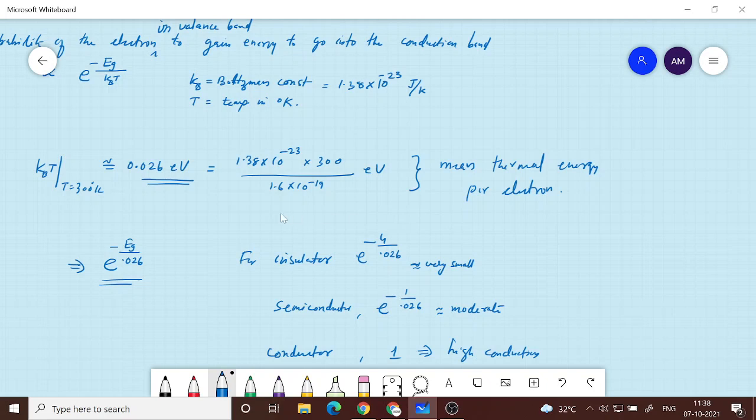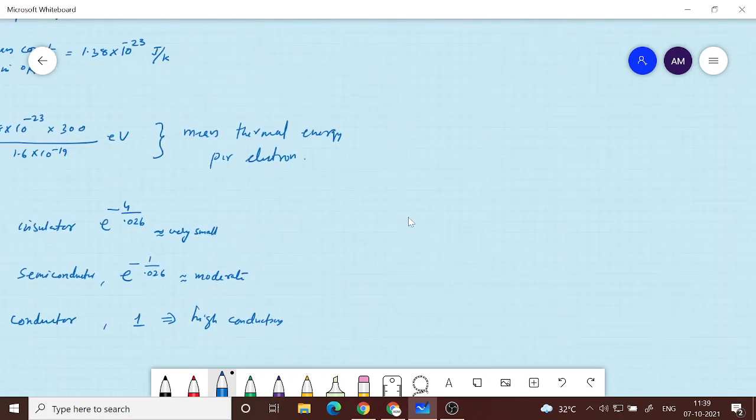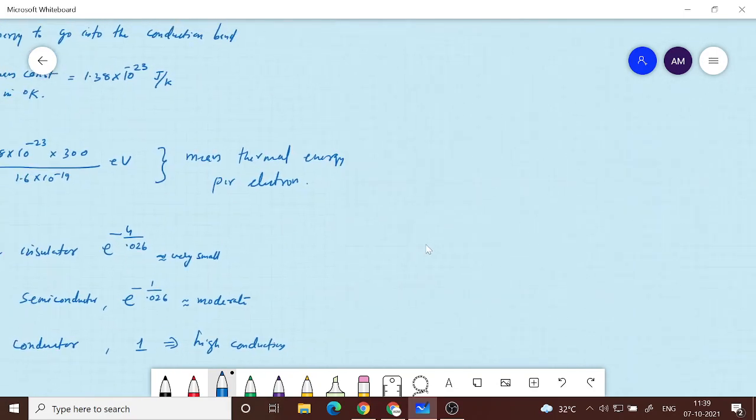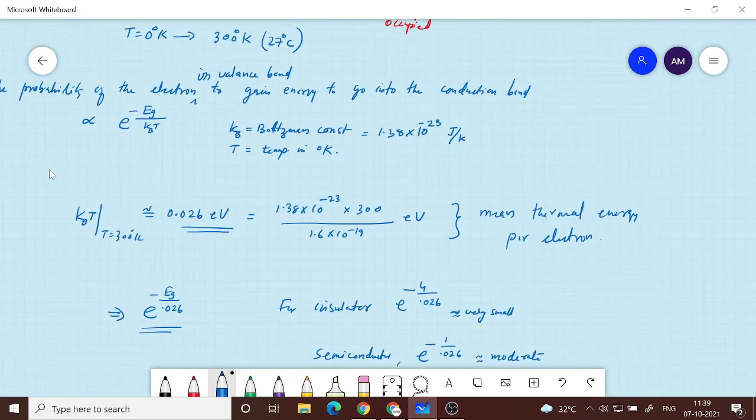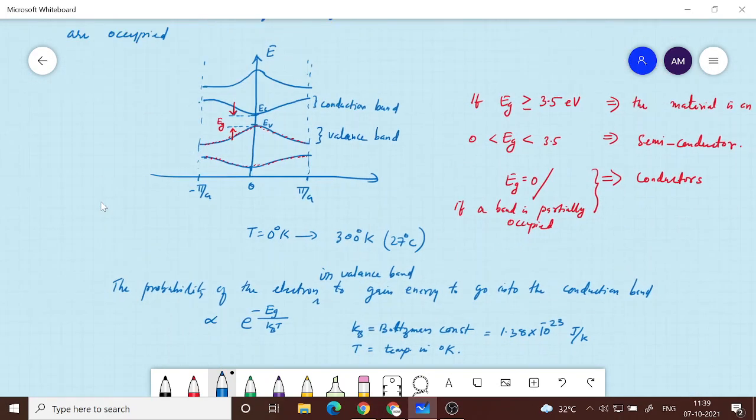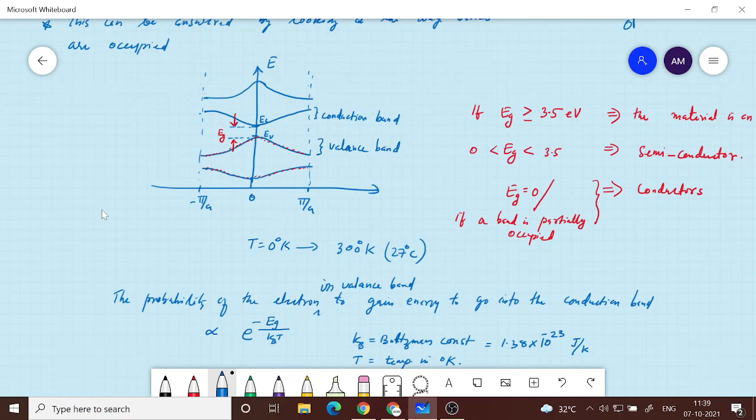So 0.026 electron volt is the average or mean energy, but there are some electrons here and there which get energy once in a while, sufficient to cross the barrier. So those electrons only go to the higher band. Are you getting what I am saying? Yeah, sir.